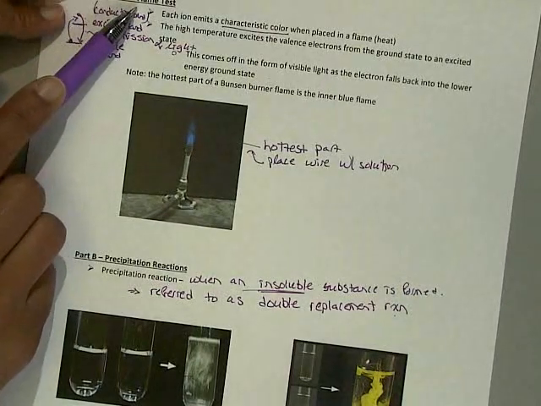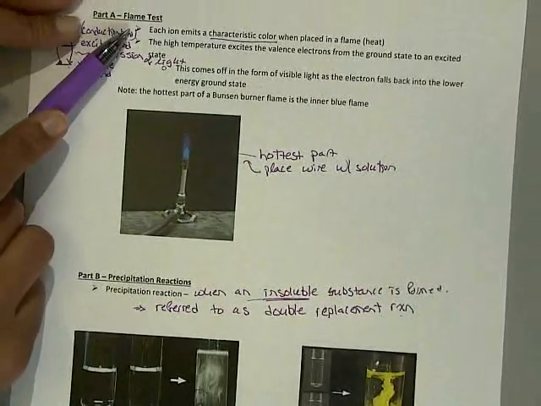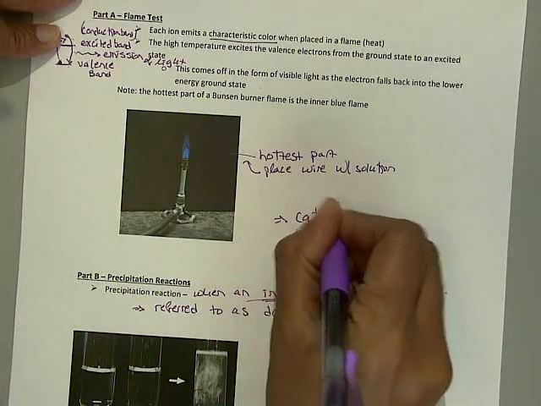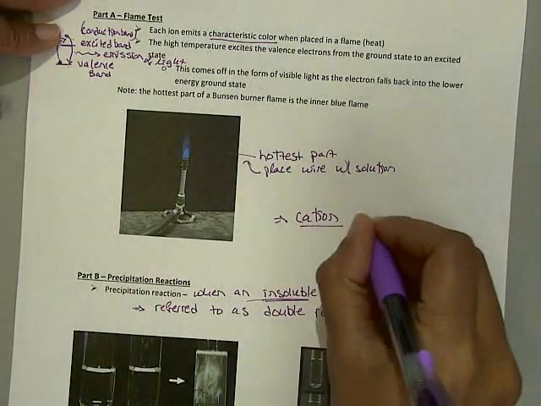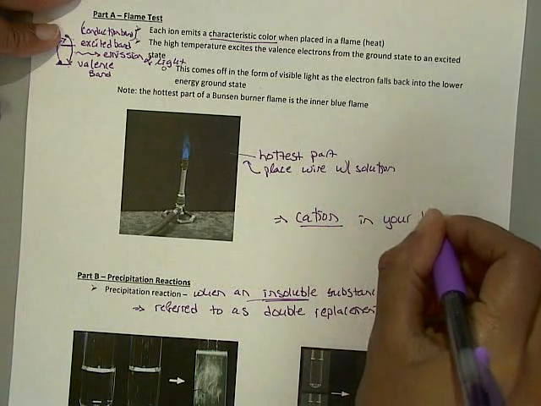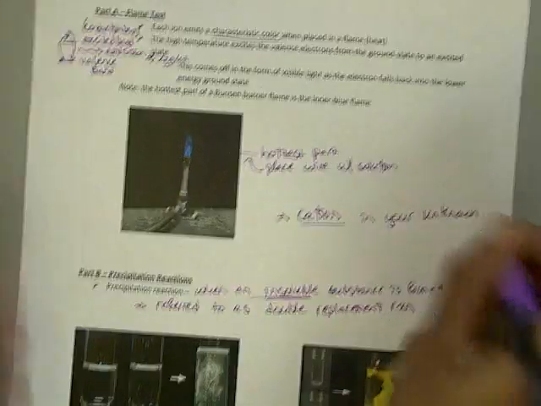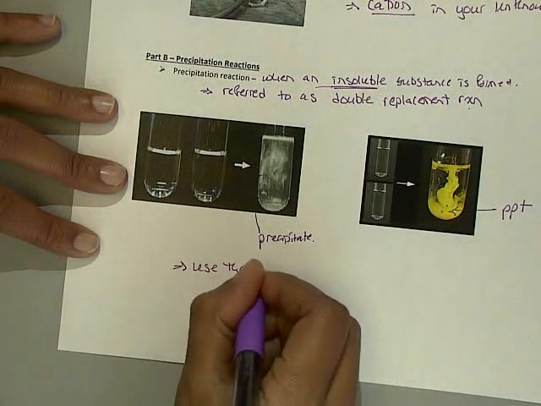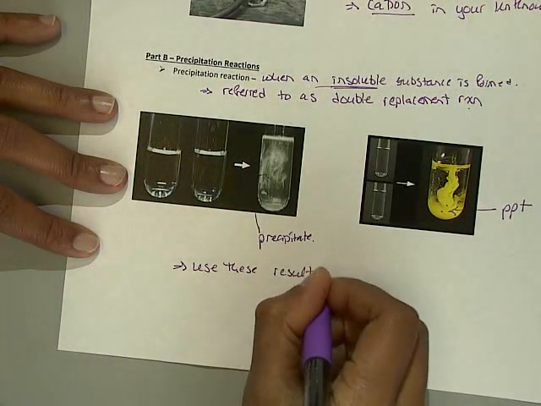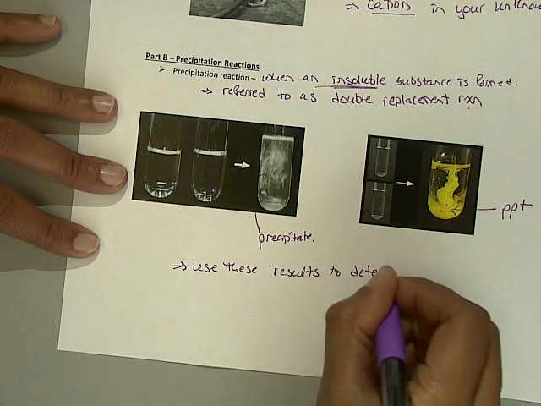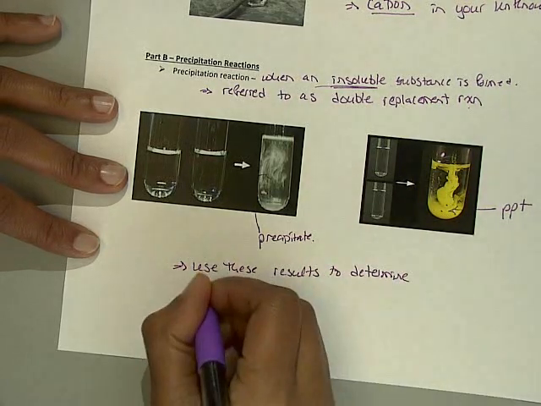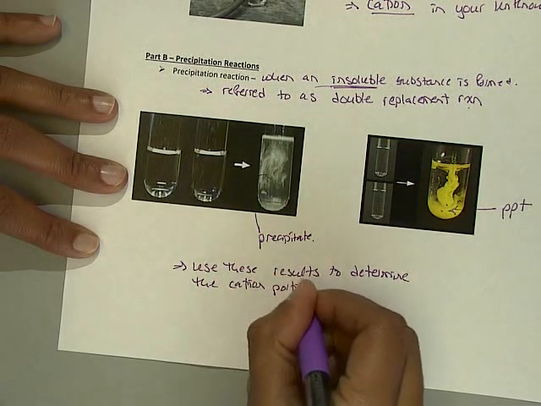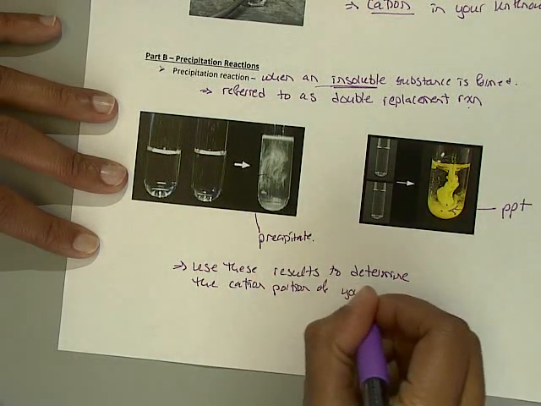So part A, you're doing a flame test. In part A, it should help you to identify your cation in your unknown. In part B, you will also use these results to determine the cation portion of your unknown.